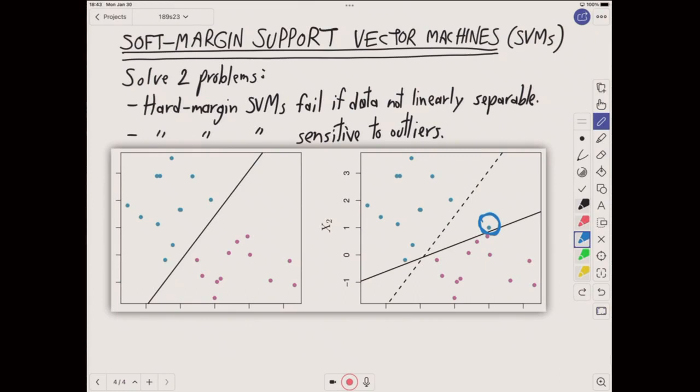This could be a good thing if you know that all of your data is extremely reliable, but a lot of real-world data has outliers, points that are just wrong, and you don't want a classifier to be this sensitive to one wrong point. Well, you don't want it to be sensitive to one point because you don't know which points are wrong. So we'd like something a little less sensitive than that, and soft margin support vector machines will help to fix that problem as well.